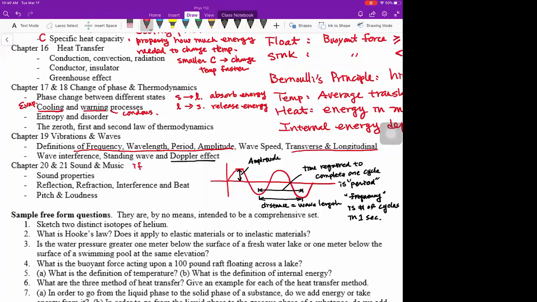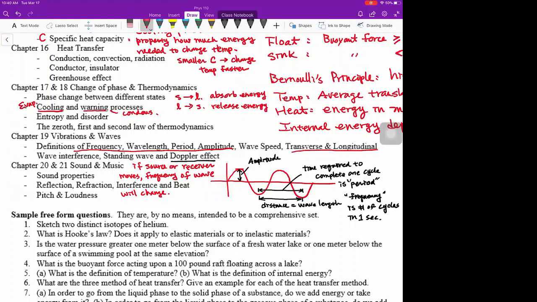If the source or the receiver is moving, you're going to hear a different frequency.